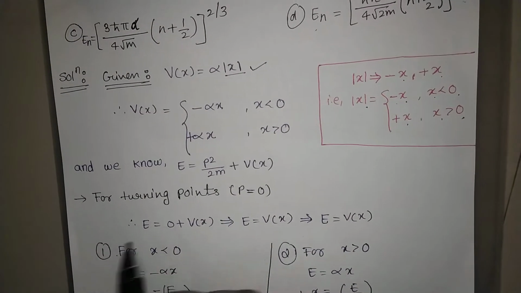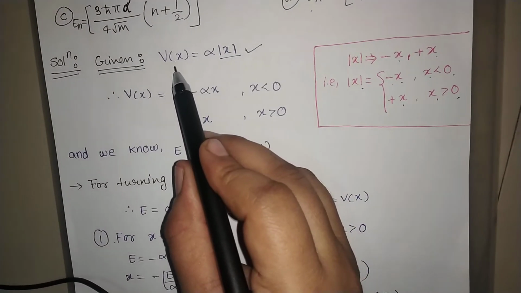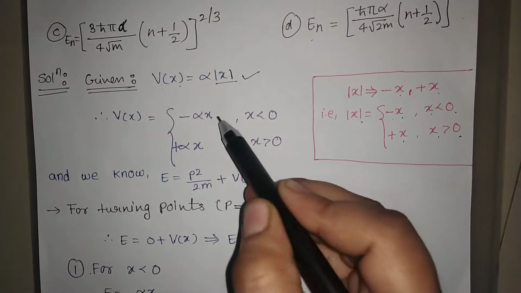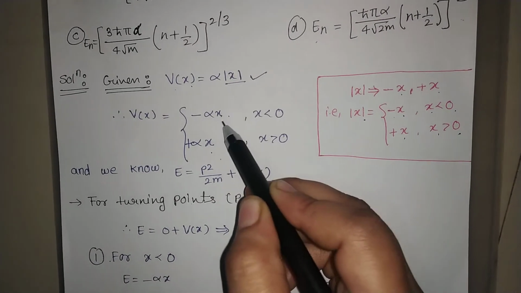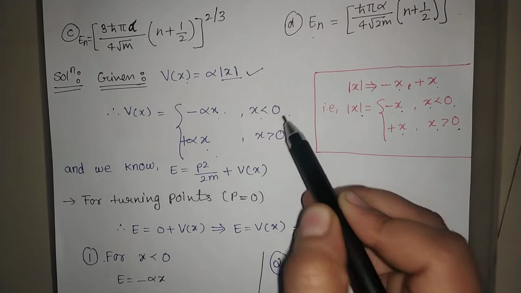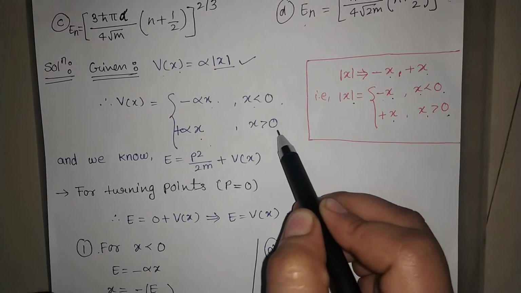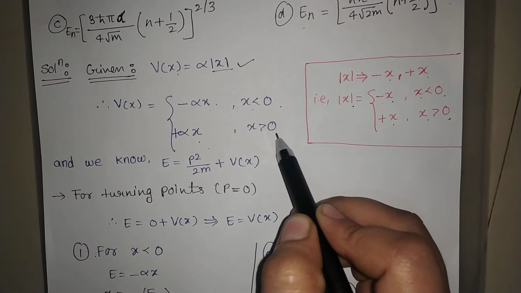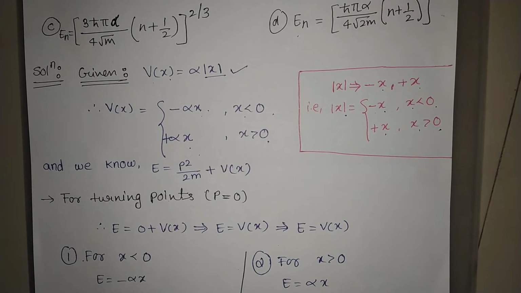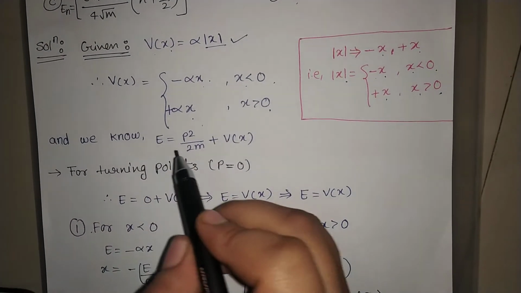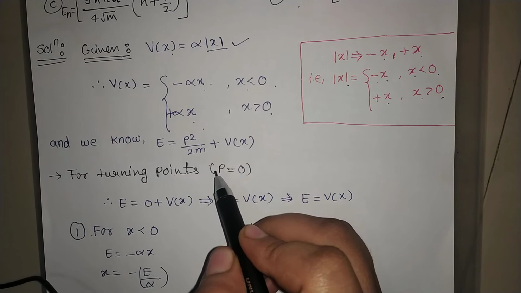So basically the potential will have two values: negative when x is less than 0 and positive when x is greater than 0. Clear?